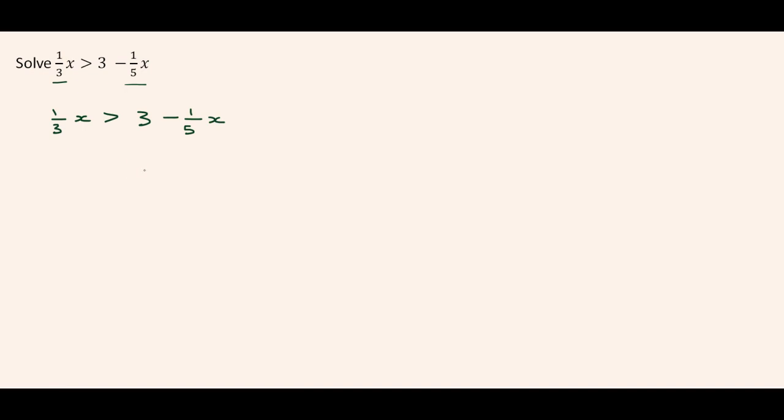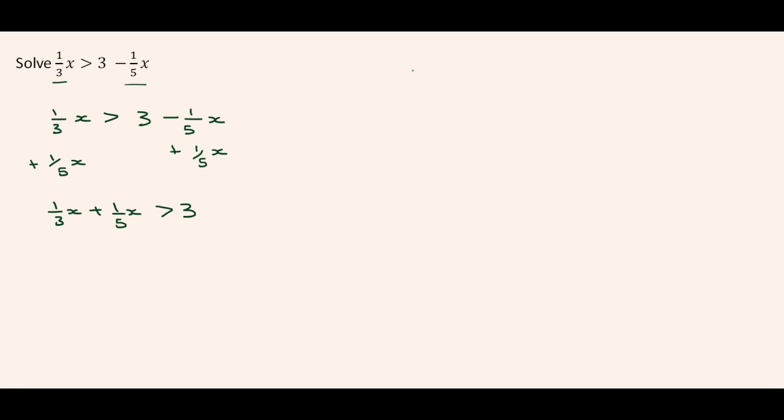So the first thing we're going to do is to isolate the variables. So I'm going to add 1/5 x here, and 1/5 x here as well. So now we have 1/3 x plus 1/5 x greater than 3.